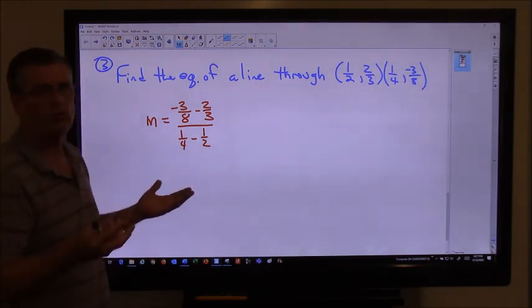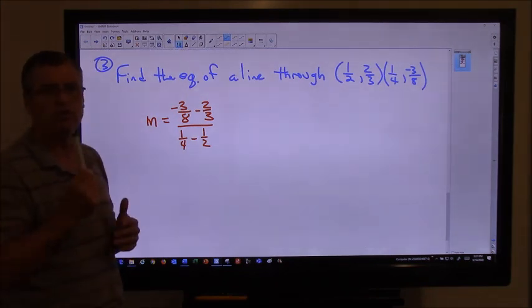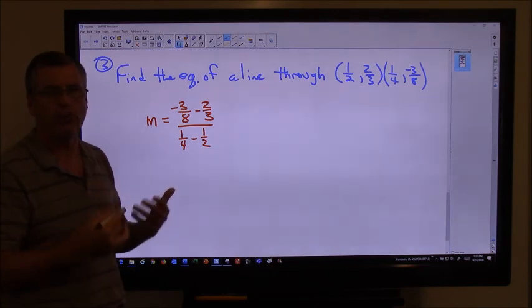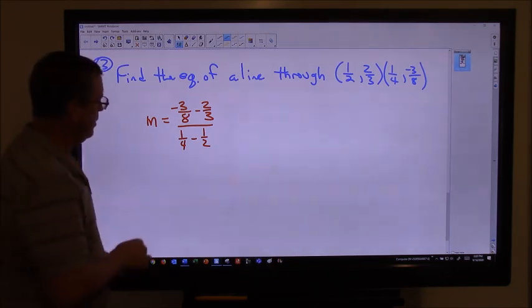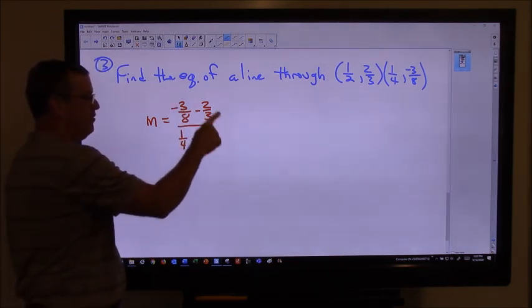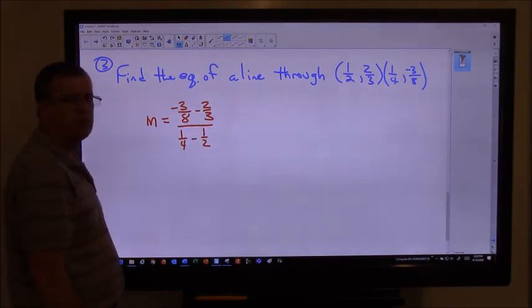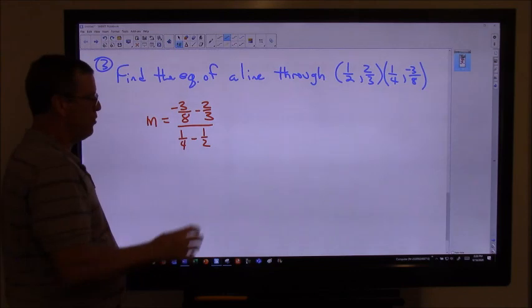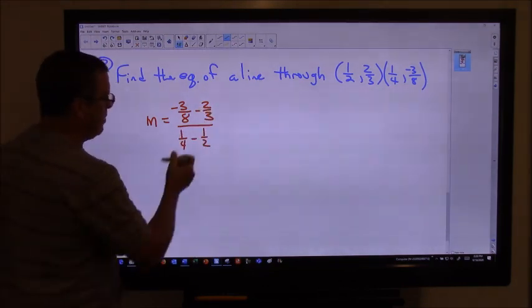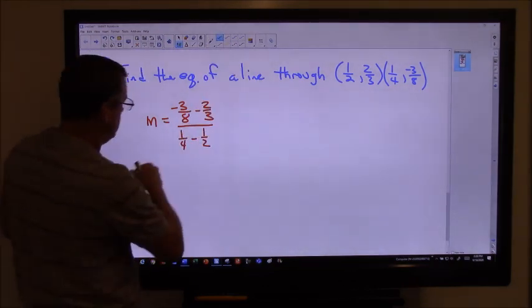You could do that, it would work. But one of the things we always look for in math is we look for a quicker way to do things. And the quickest way to get rid of this mess is to multiply top and bottom by the least common denominator.